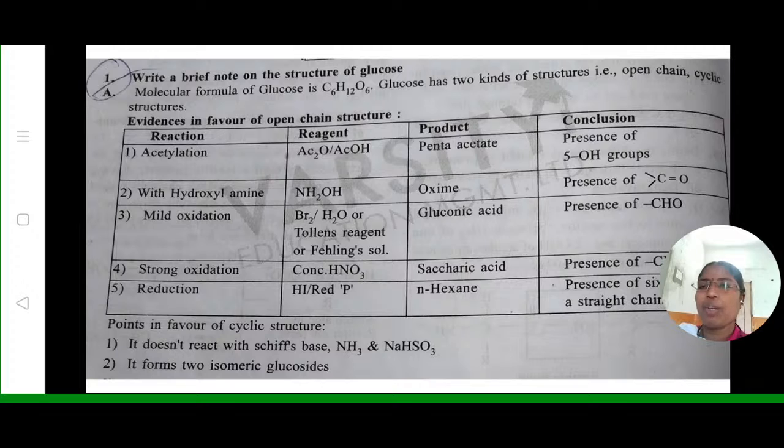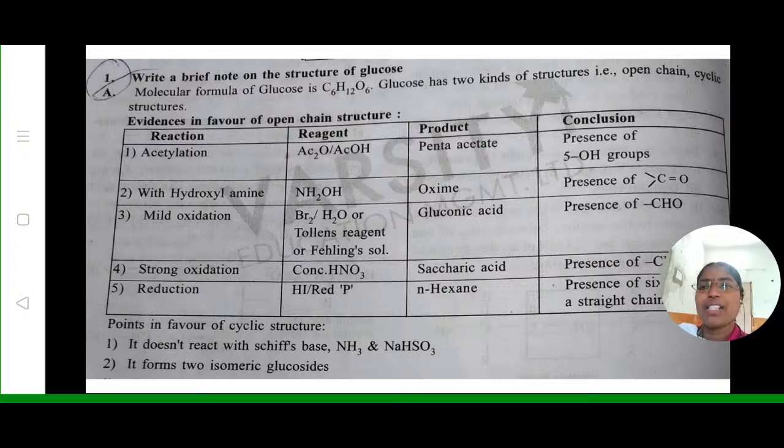The molecular formula of glucose is C6H12O6. It is a carbohydrate. Glucose has 2 kinds of structures, the open chain structure and the cyclic structure.